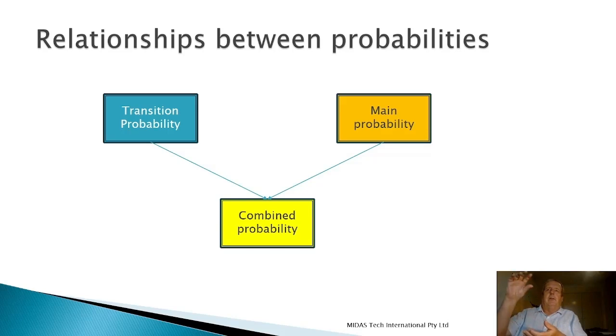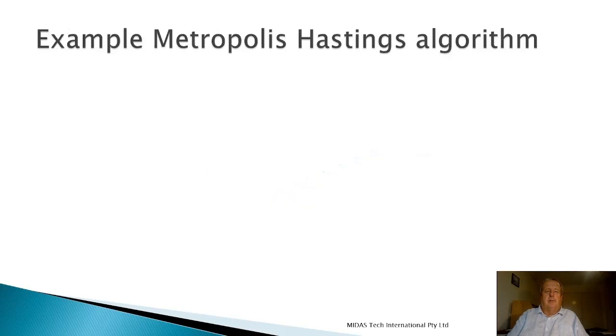That is, the new value of x does not depend on an old value of x. In this type of approach, we combine the transition approach and this main probability approach to create a combined probability, which then is a transition probability. And that's the role of what's called the Metropolis-Hastings algorithm. I'll just give you an example of the Metropolis-Hastings algorithm.